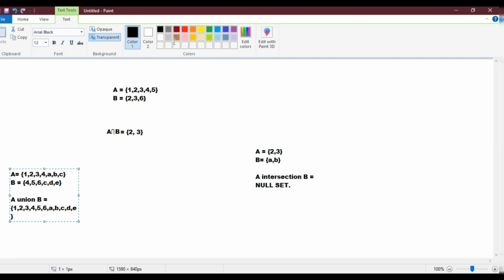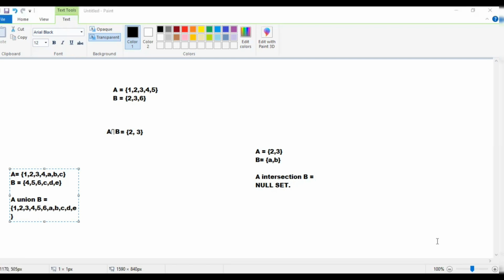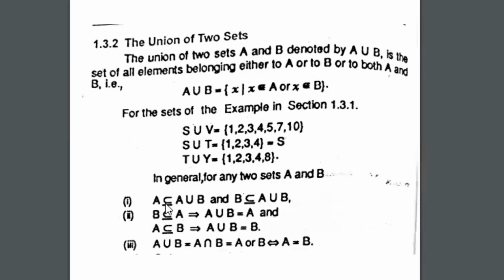This is called the union set. There are some properties of the union set also, so we will talk about that here. A is a subset of A union B, and B is a subset of A union B. This will be proved by examples; you can take any sets A and B and prove that.